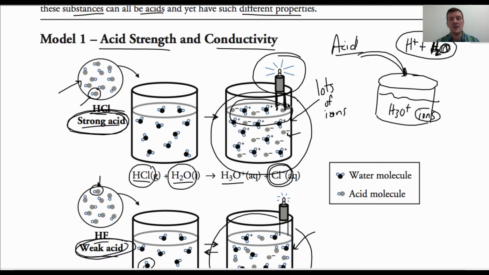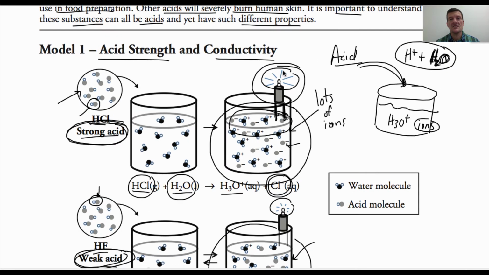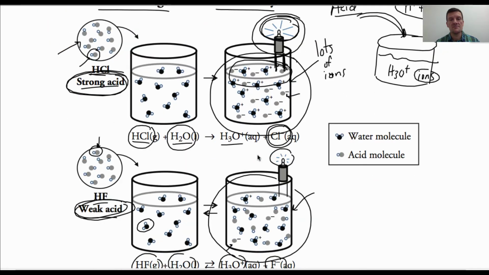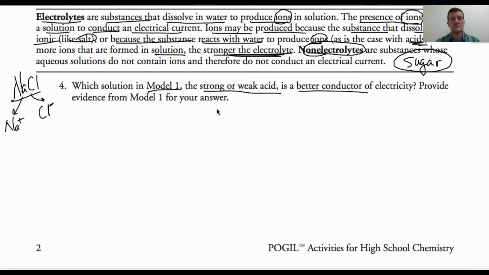If you've got a lot of them, the brighter the light will be. If you only have a few charged particles in there, you're going to have a dim light, and this is an indication of how many ions you have in your solution. So the strong one has more electrolytes in there, has more ions.